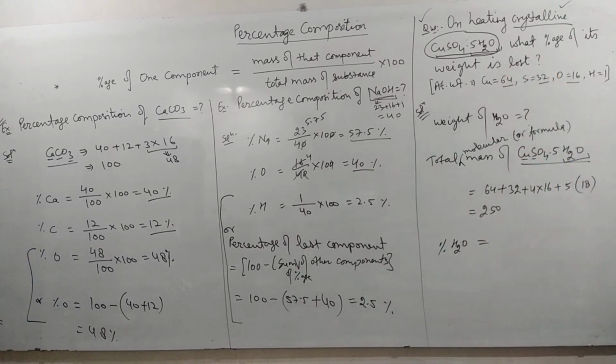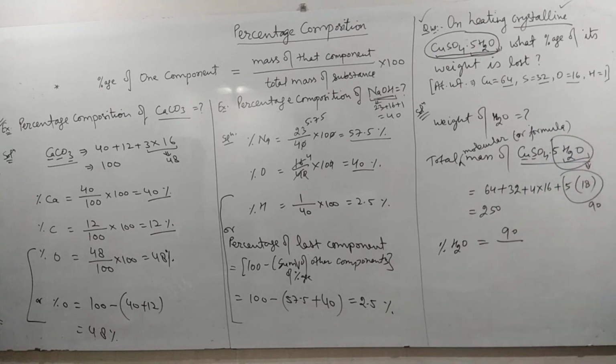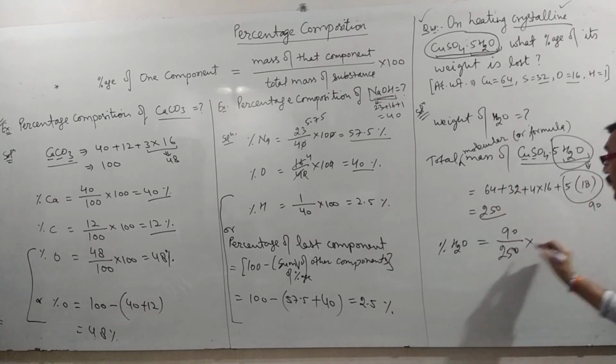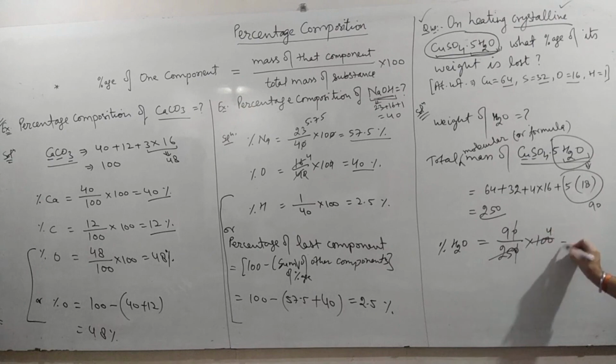So the percentage of water in crystalline copper sulfate will be the weight of water. The mass of water is this part: 18 times 5 is 90. So mass of water 90, divided by total mass 250, into 100. 0 cancelled by 0, 25 into 36 is 900, so 36%.